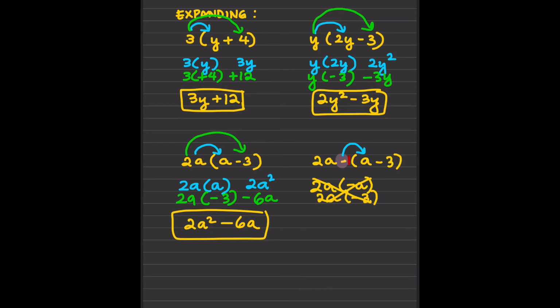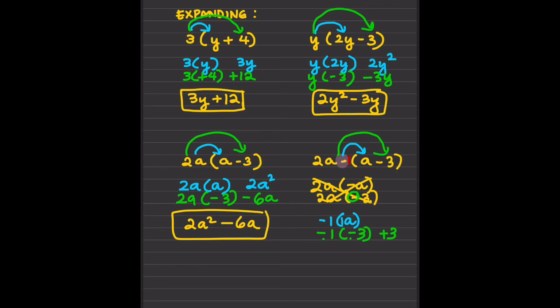So that becomes negative 1 times a, and negative 1 times negative 3. See what happened here? This one, you kept it at negative 3, but this is a negative times negative, which should give you a positive 3.